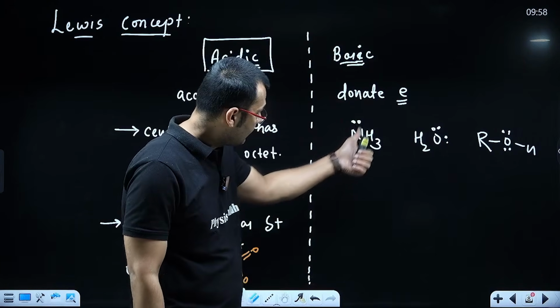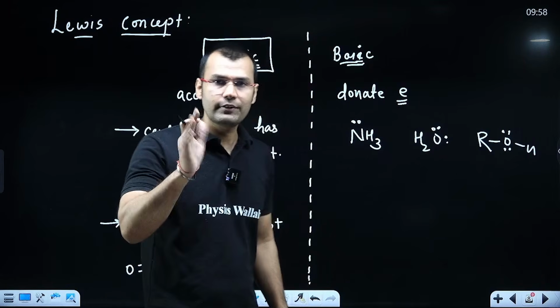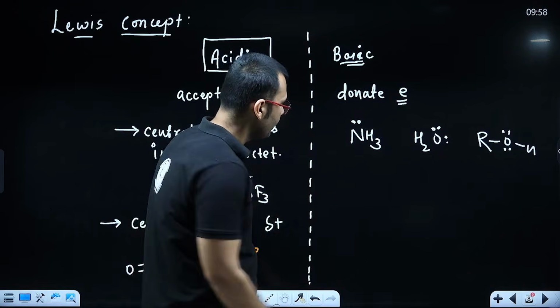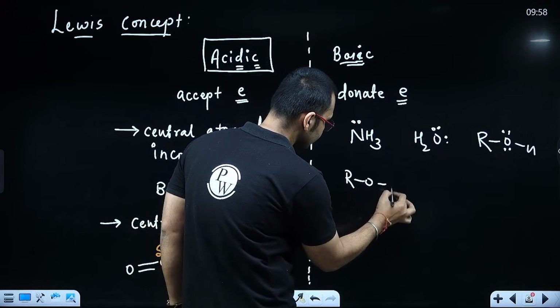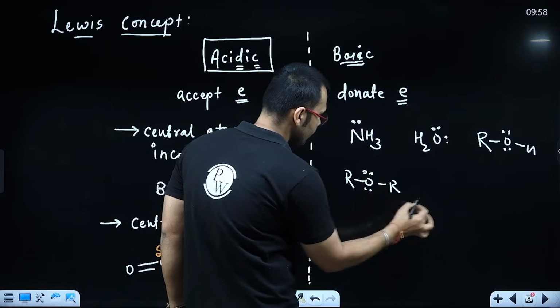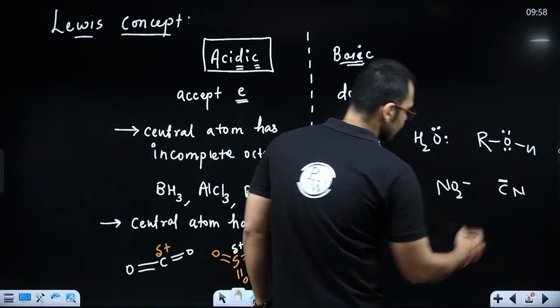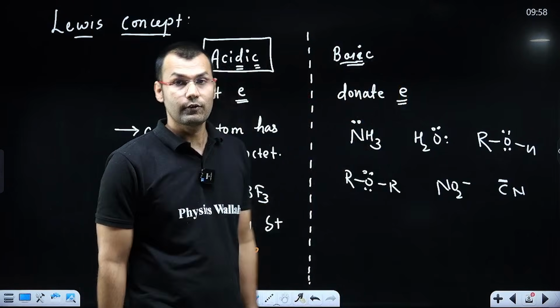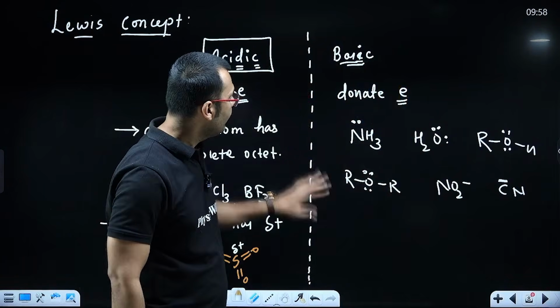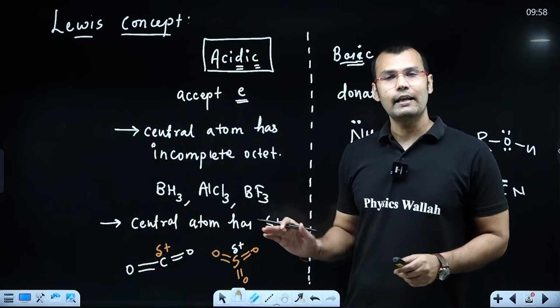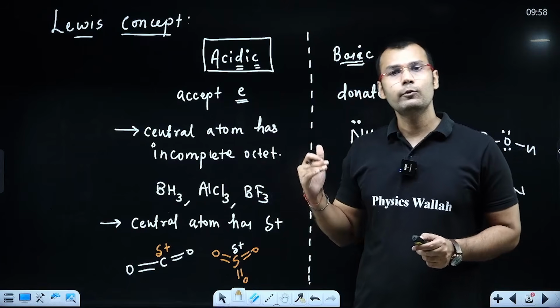And these molecules you must have seen in your organic as nucleophiles, right? Ammonia, water, alcohol, ether, NO2 minus, cyanide. So these all have a tendency to donate electrons. So these all species will act as Lewis base. So in the Lewis part, they will ask questions regarding which is Lewis acid, which is Lewis base.